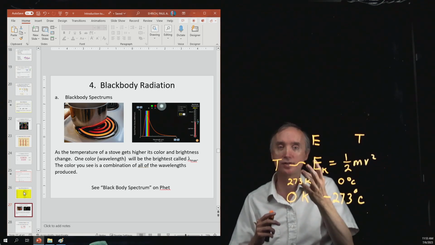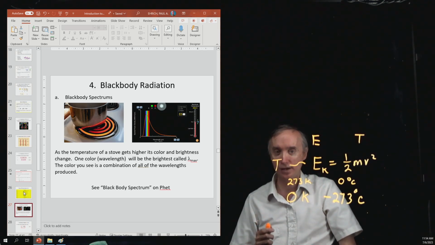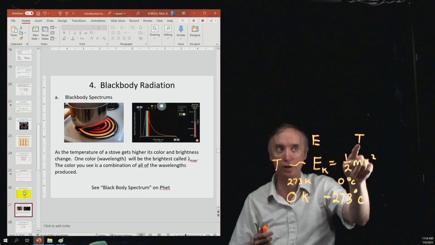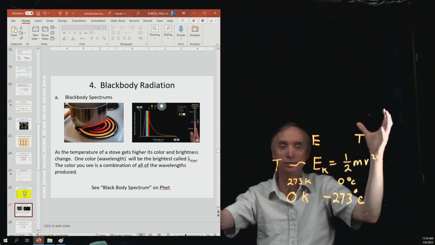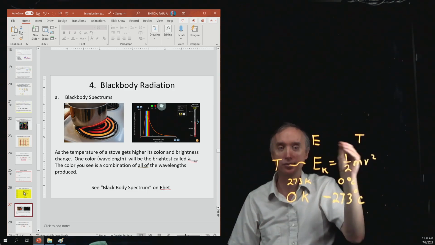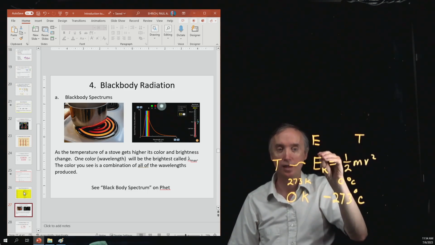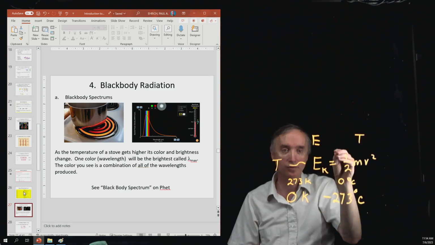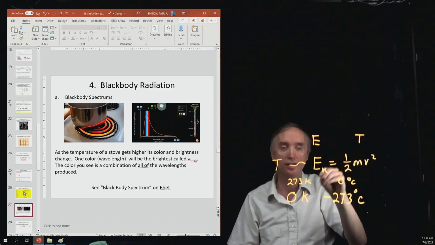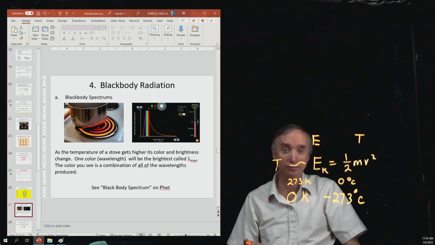That's where this thing called black body radiation comes from. When you take a material and heat it up, raising its temperature, it will start to emit light, because the atoms are going to start to vibrate. As they vibrate, those electrical particles are accelerating, and we said that accelerating electric charges make light.